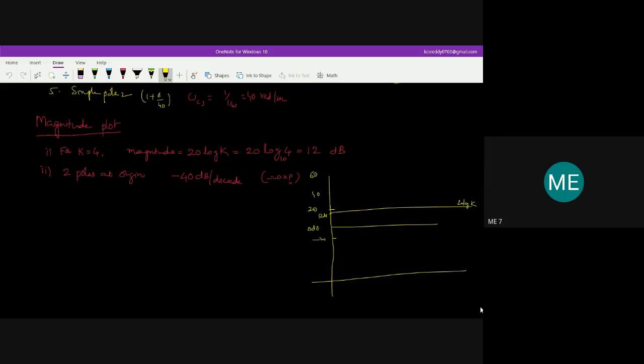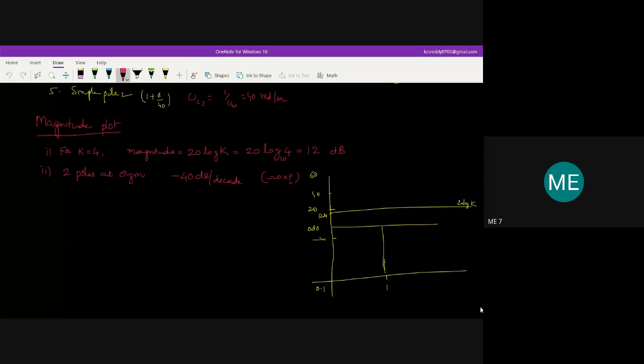And how many poles at origin are there? There are 2 poles at origin. So I'll be drawing the 2 poles at origin with a decreasing slope of minus 40 dB. This is going to be 0.1, and omega is equal to 1 here. So both intersect the 0 dB line at this point.